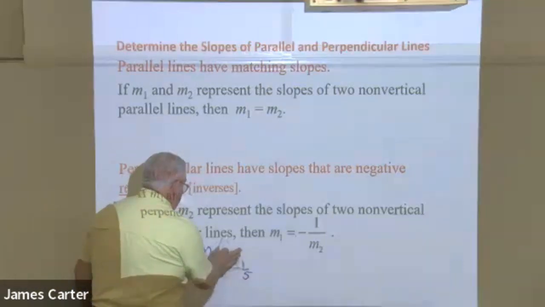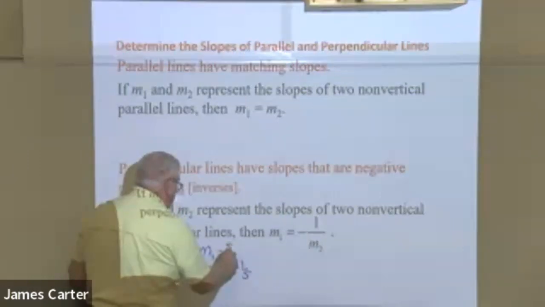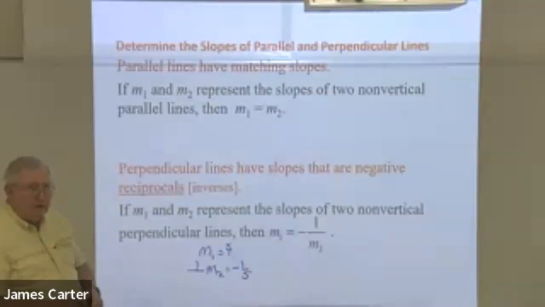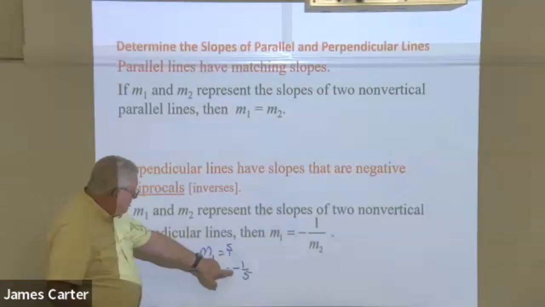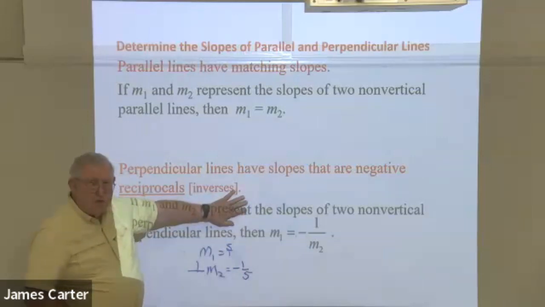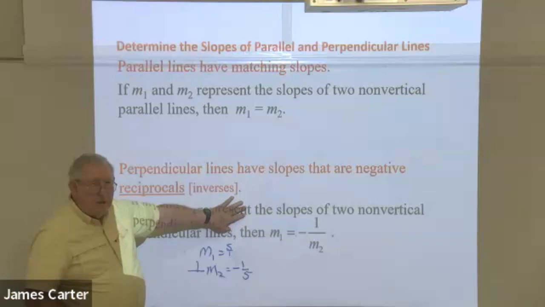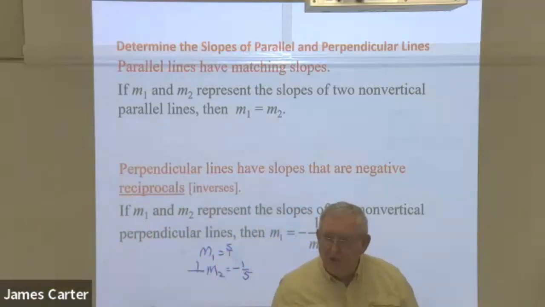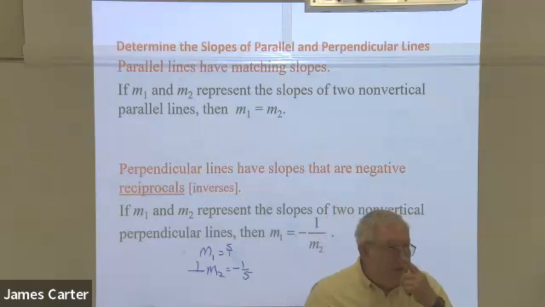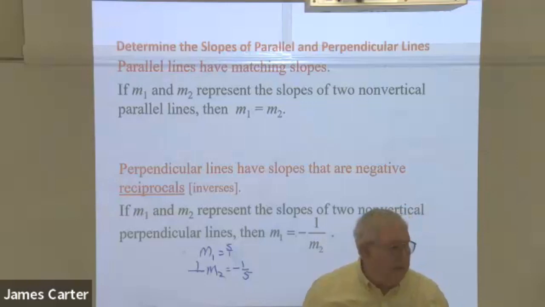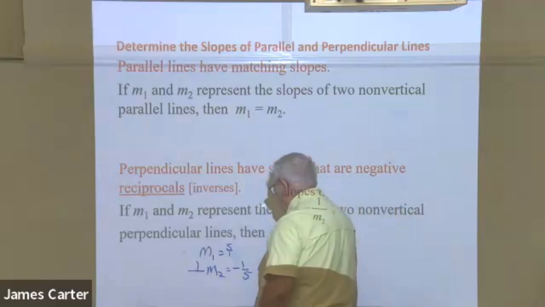Now, keep in mind that this 5 is technically 5/1. So opposite signs, reciprocals. And that's what you got to do for the slopes on perpendicular. Now, if we know that, then if we're given an original equation, we can determine another line that's either parallel or perpendicular to it. And that's what we're about to do.